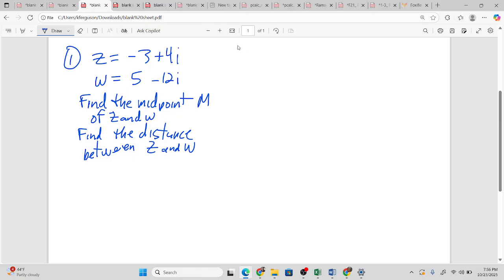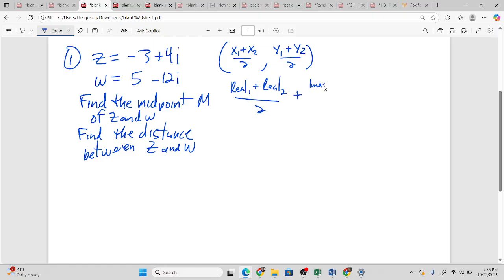Remember, the midpoint formula works x1 plus x2 divided by 2, and then y1 plus y2 divided by 2. Oh, wait, that is the midpoint formula for coordinates. What is the midpoint formula for complex numbers? Well, we have our real number 1 plus my real number 2, divided by 2, plus our imaginary number 1 plus my imaginary number 2 over 2.